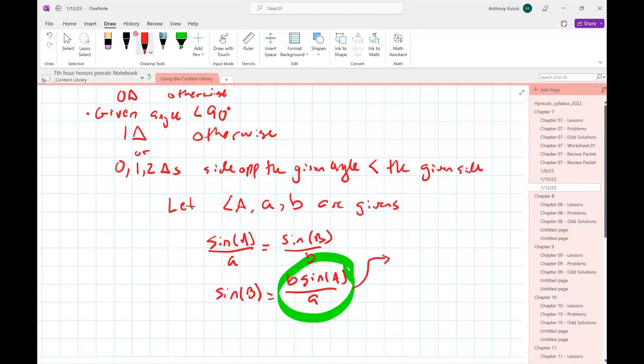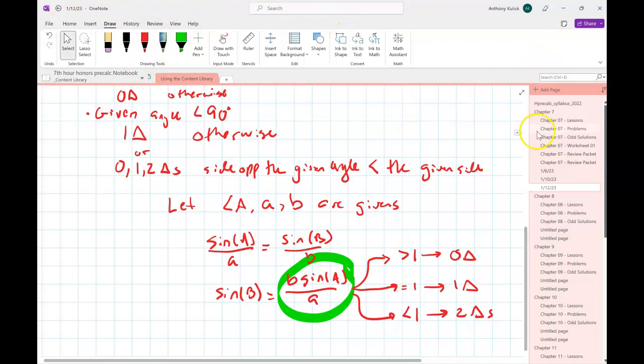If that number is greater than 1, you have 0 triangles. If it's equal to exactly 1, then there's one triangle. And if it's less than 1, we have 2 triangles. Okay? And did you want to see a specific 2-triangle situation? Yeah. Okay, let me just steal one from the problems here.